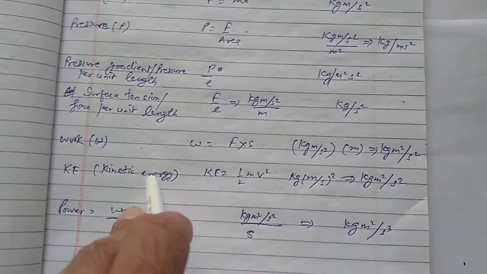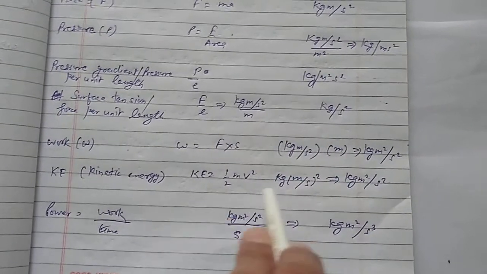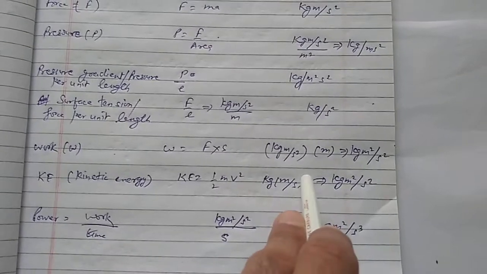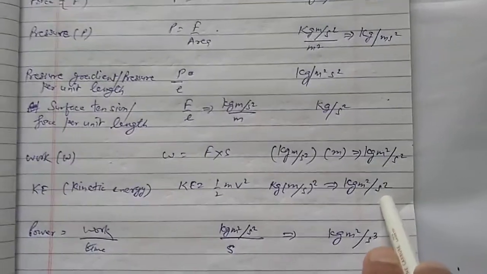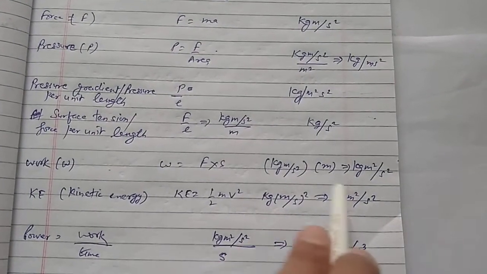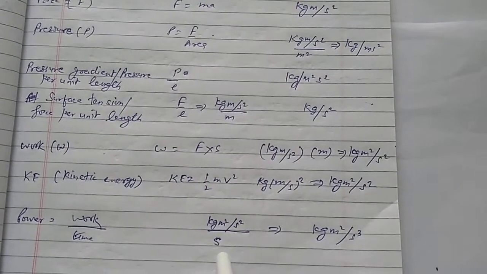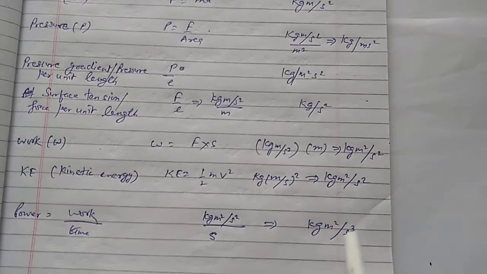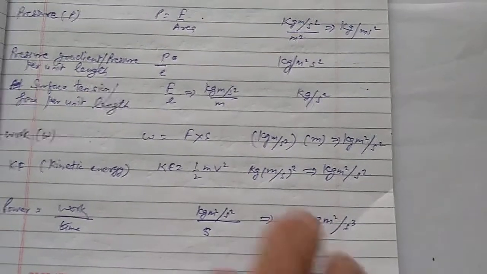Kinetic energy, half mv square: mass unit is kg, velocity unit is meter per second, and whole square, again you will get kilogram meter square per second square. Power, work upon time. Work unit is kilogram meter square per second square. Time unit is second. Second square into second gives you second cube. The power unit comes out to be kilogram meter square per second cube.